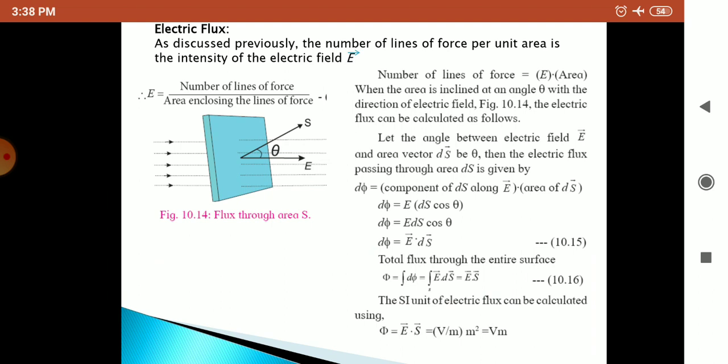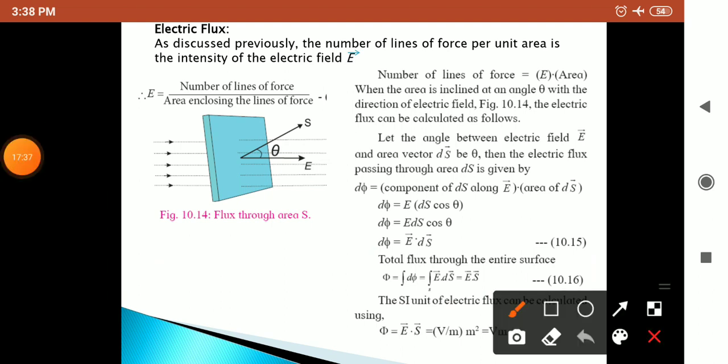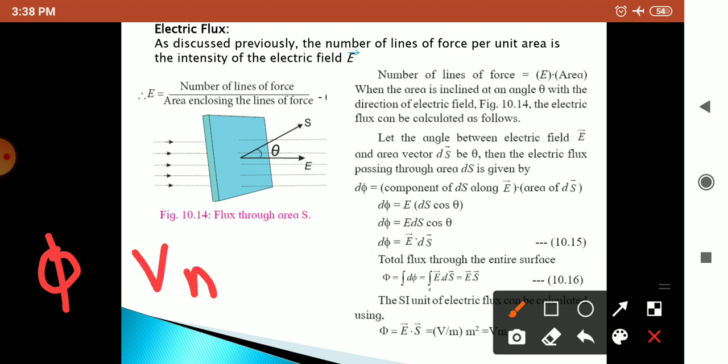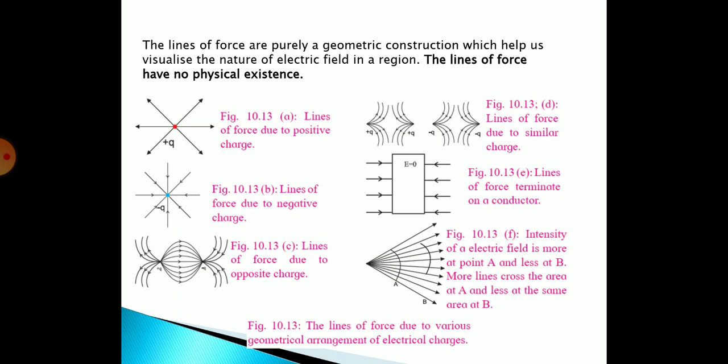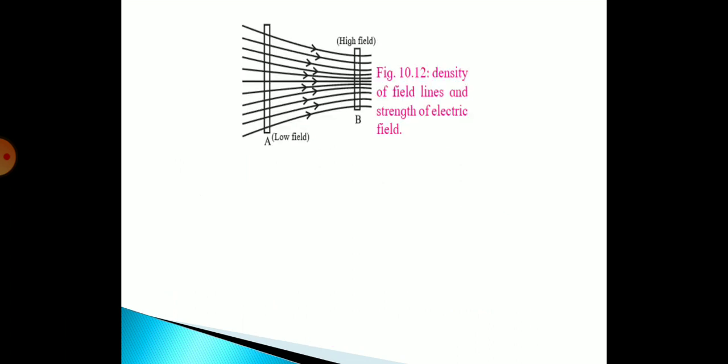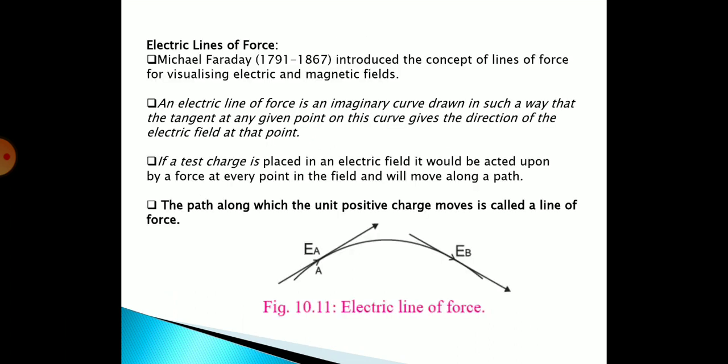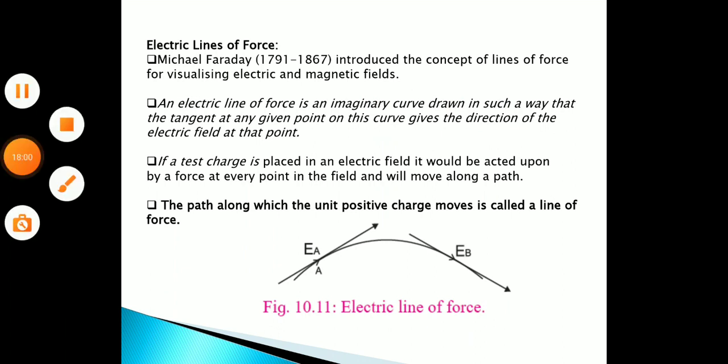So the SI unit of electric flux is volt meter. So everyone got these two points: electric lines of force and electric flux. Go through their characteristics. These are important parts. Thank you.